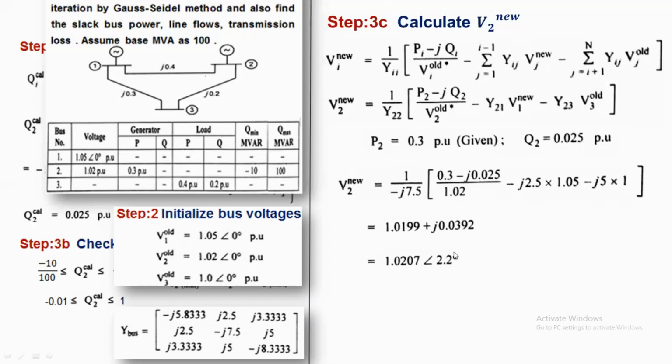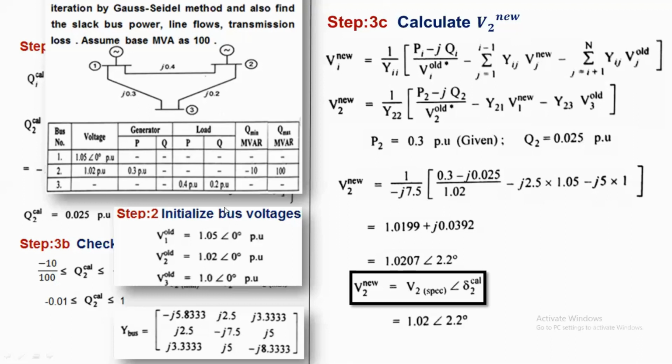Here, in case of generator bus, the magnitude value is the specified value. The load angle only is our calculated value. So no need to take our calculated magnitude value. The magnitude value is copied from the problem. That value is specified, 1.02. Then the angle only is taken from the calculated value. That is V2 new is equal to V2 specified, the given value, angle delta 2, the calculated value.